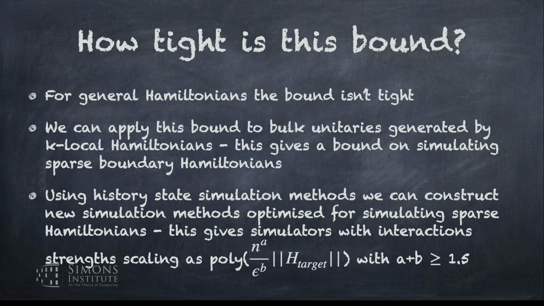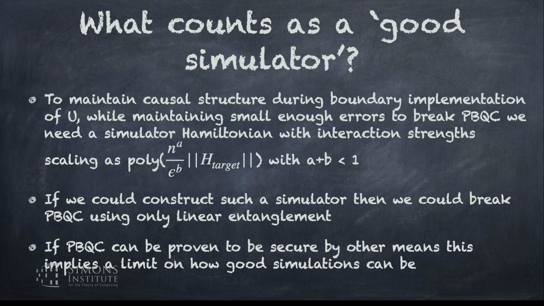But even though you get close with these techniques, when you try to use that to break position-based cryptography, it's just not useful. You end up with very large errors, even for very trivial unitaries. So I think we can get close, and this bound is saying something interesting.